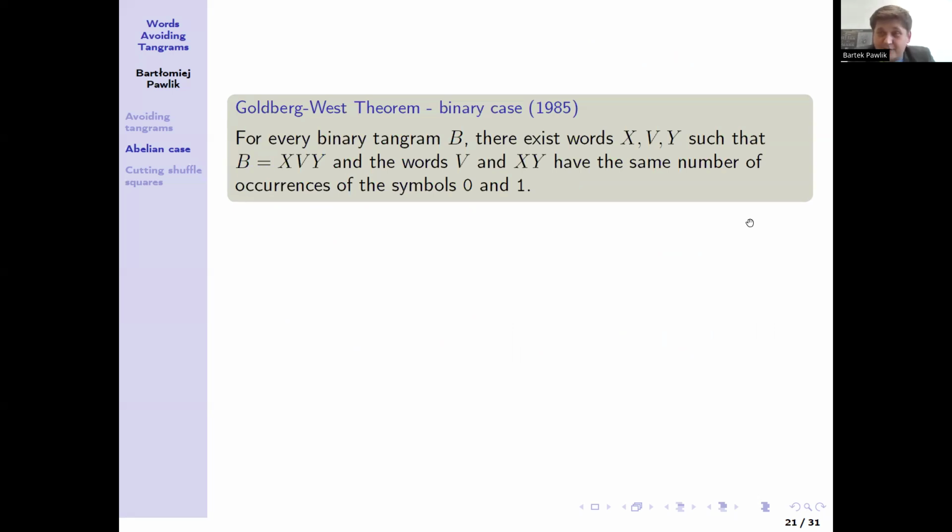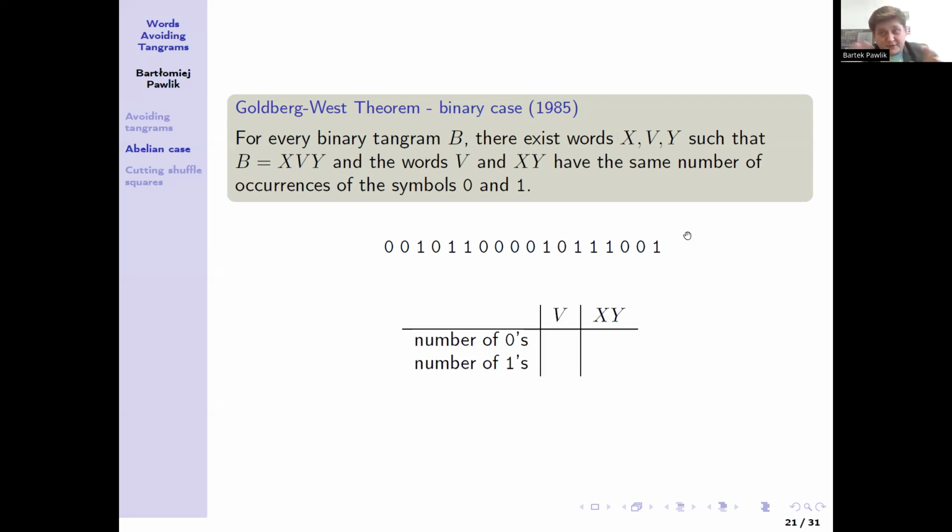But there is plenty of nice things going on here. We have the Goldberg-West theorem and the necklace splitting theorem. The Goldberg-West theorem, which we can put in the language of combinatorics on words, says that for every binary word, there exist cuts such that we can split this word into pieces with the same Parikh vectors, the same number of occurrences of zeros and ones. The theorem is bigger, but this binary case is very easy to prove.